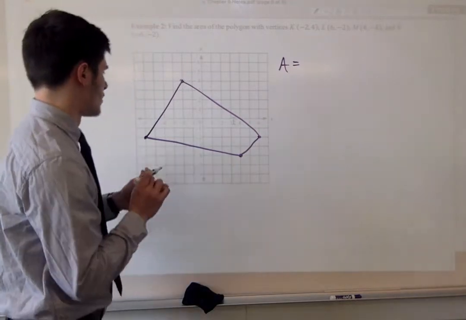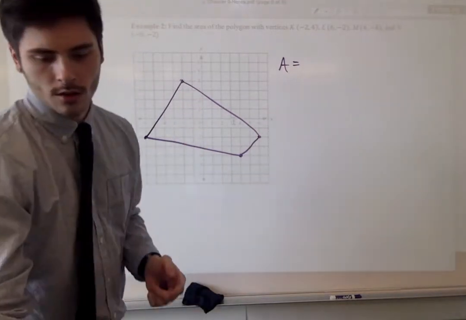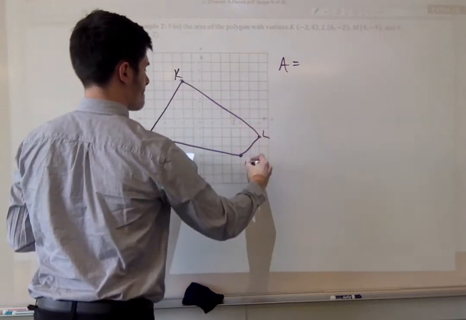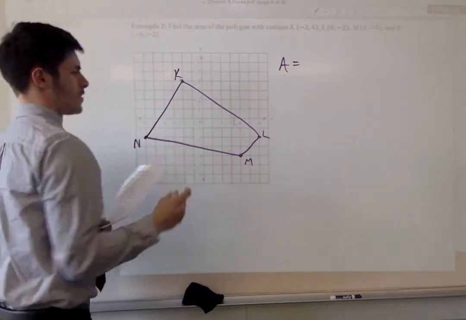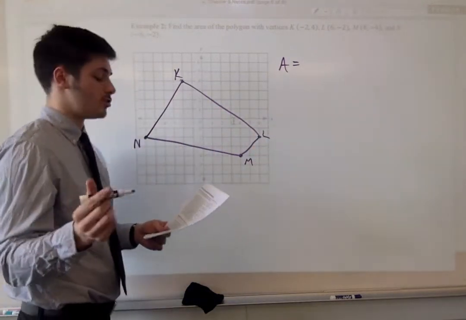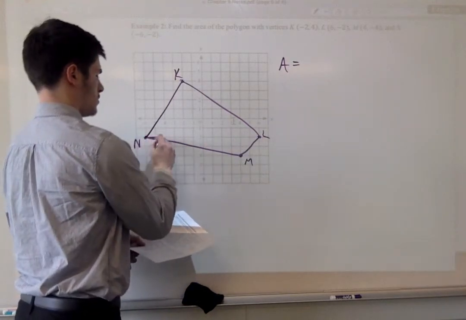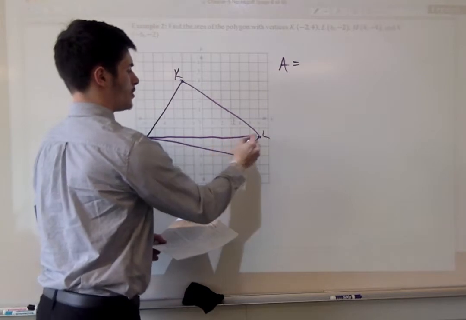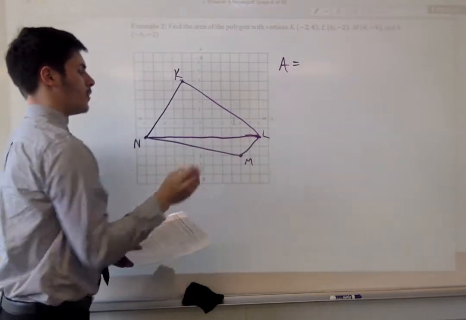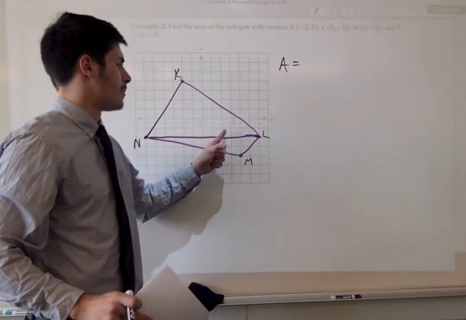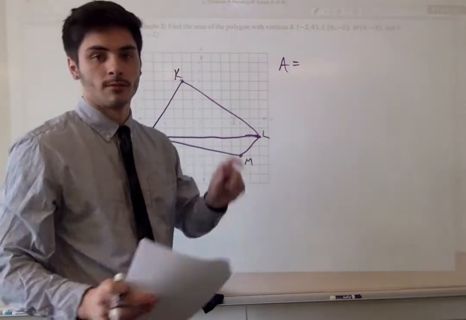And so with this figure, somewhere where I see a horizontal line that can be drawn between 2 vertices is between, sorry, I'll label these quick. A horizontal line can be drawn between N and L. So if we draw that horizontal line right there, we can go ahead and we can just count these units up, right? And that'll give us our base measurement for 2 different triangles.